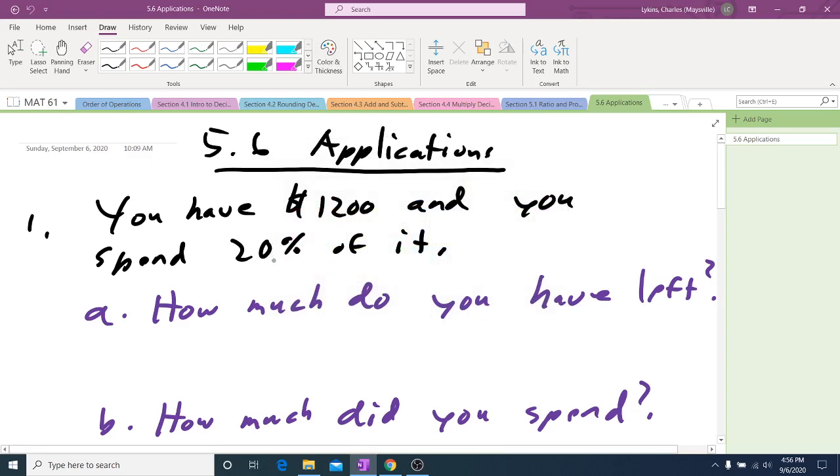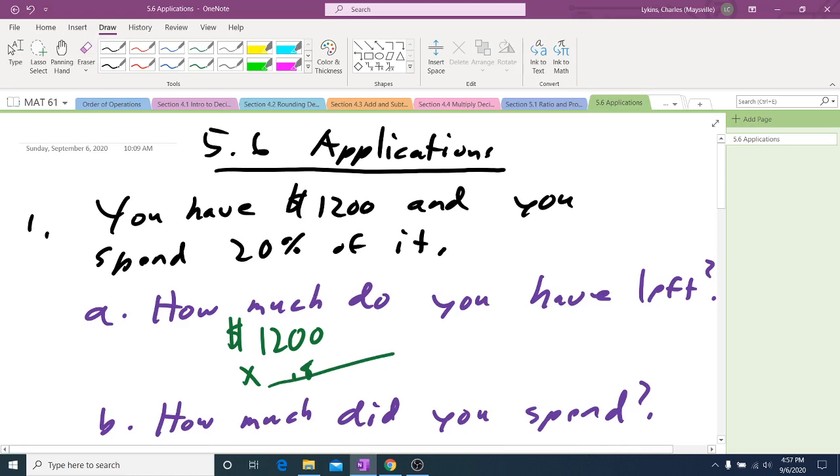If you spent 20% of it, that means you have 80% of it left. So what I'm going to do is take 1,200 times 0.80, or you don't really need the zero, I'm going to take that out.